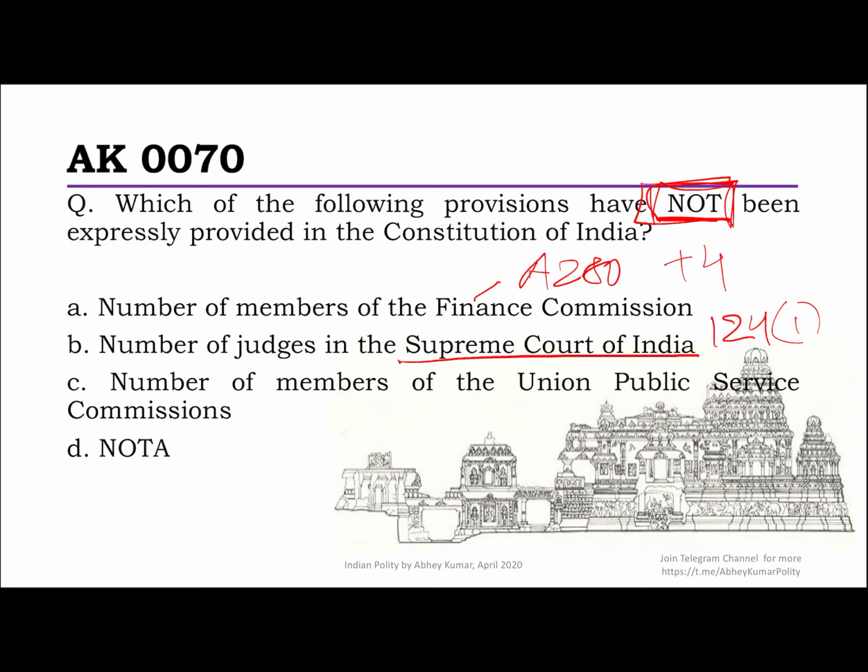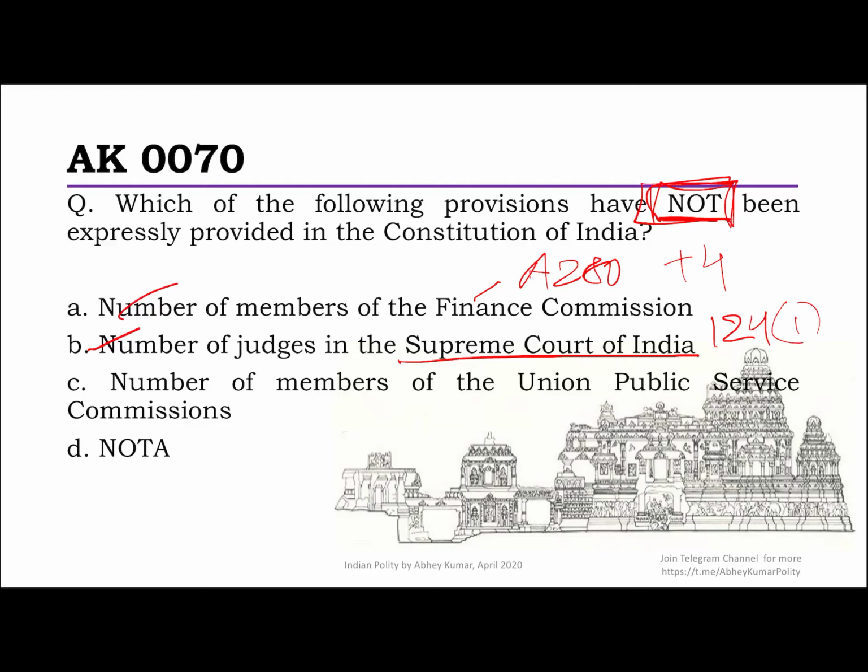Okay, so the number is specified here also. In fact, you should know there is an Act of Parliament now, the Supreme Court (Number of Judges) Act 1956, which was recently amended as well to increase the number of judges to 33. So that's 33 plus 1 Chief Justice, total 34.